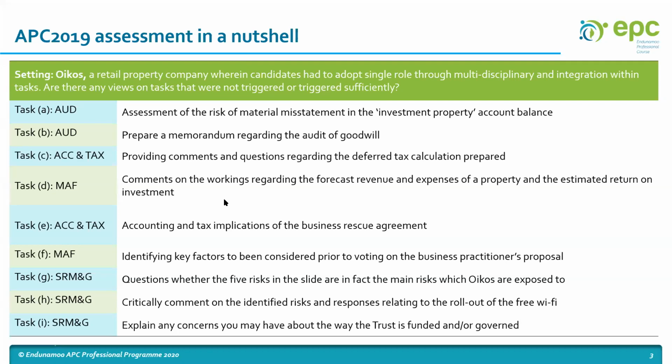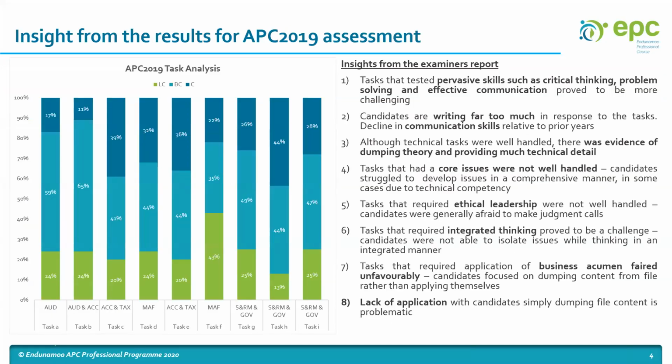But what was of interest to me was the examiner's report. If you're trying to get a sense of what went wrong, maybe why some of the candidates that sat for the paper were not successful, whether you are a first timer or you are repeating the APC, the message in the examiner's report can be very helpful and very powerful in helping you prepare, because it helps you understand how they define a competent response for each and every task.